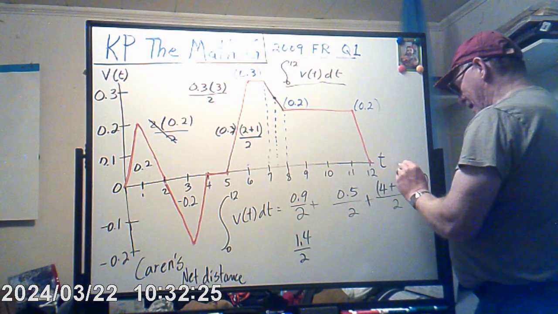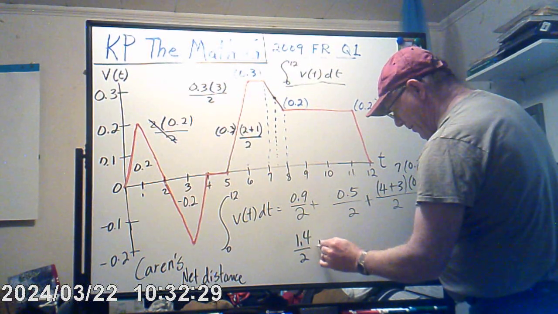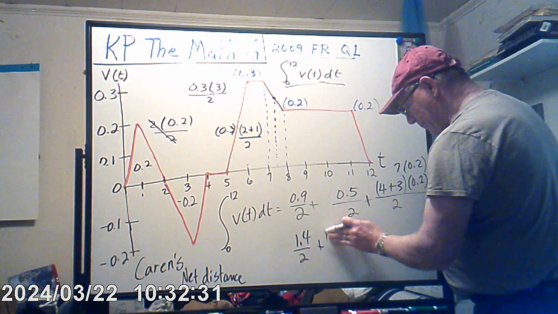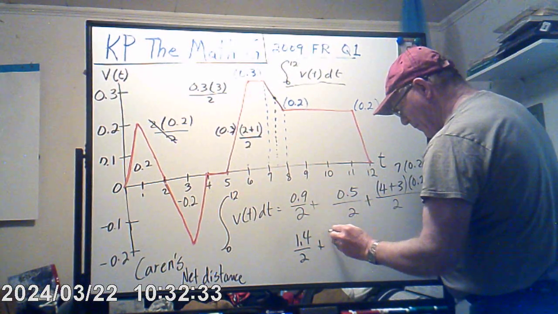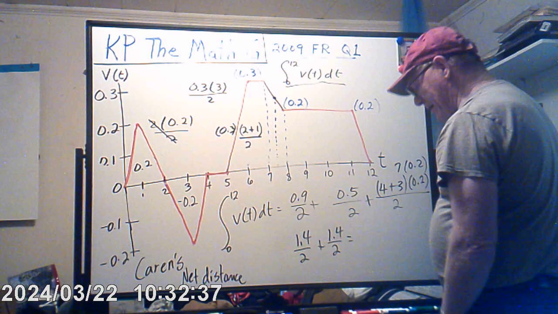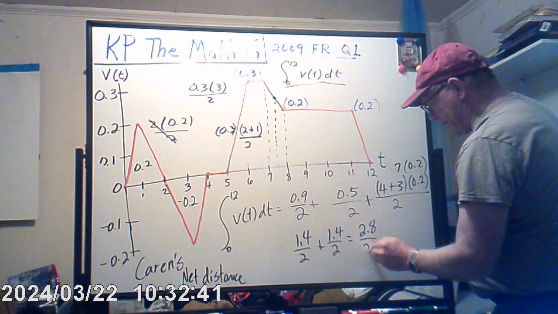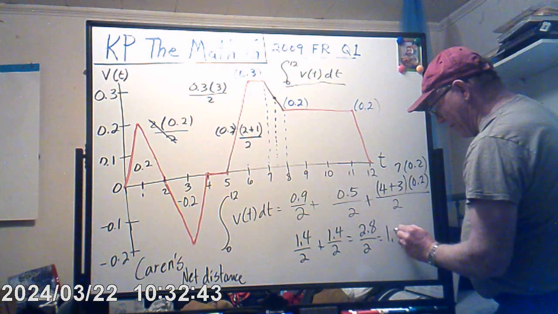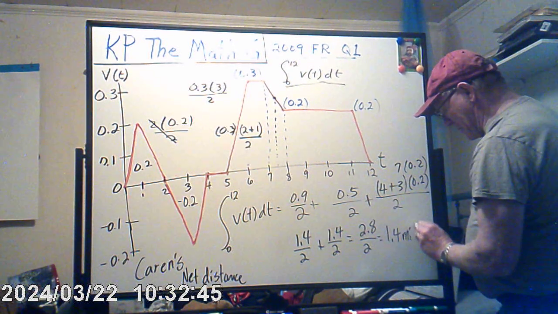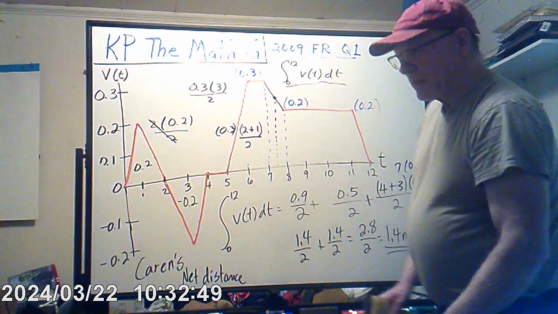Alright, 7 times 0.2, that's 1.4, over 2, like that. So this is 2.8 over 2, which is really 1.4 miles. Now that's her net distance.